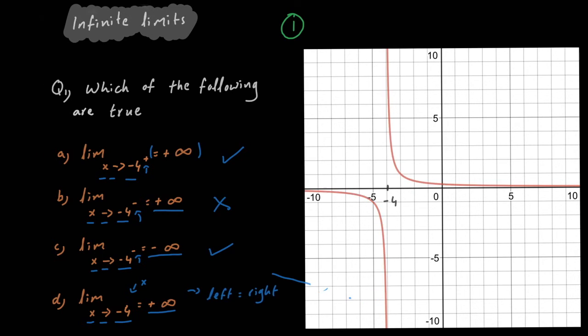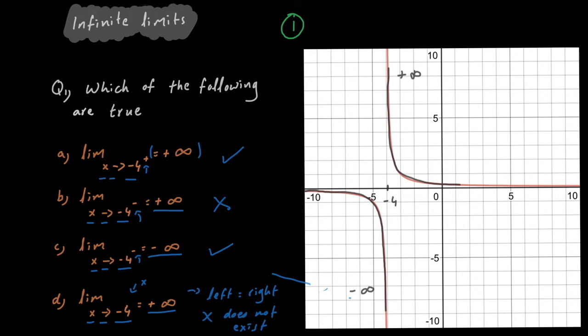If we approach negative 4 from the positive side, we reach positive infinity, and if we approach from the negative side, we reach negative infinity. Negative infinity and positive infinity are not the same, so the limit does not exist. We will simply say it does not exist, or in this case it's false, or simply not true.